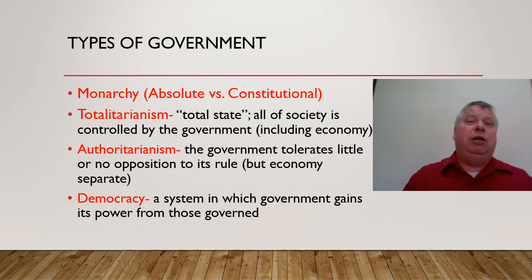Authoritarian regimes are regimes usually controlled by dictators or a small oligarchy that really doesn't allow any opposition to its rule. The state itself doesn't necessarily control the economy, although it may be the people in the economy, the ruling elites, who control the state.